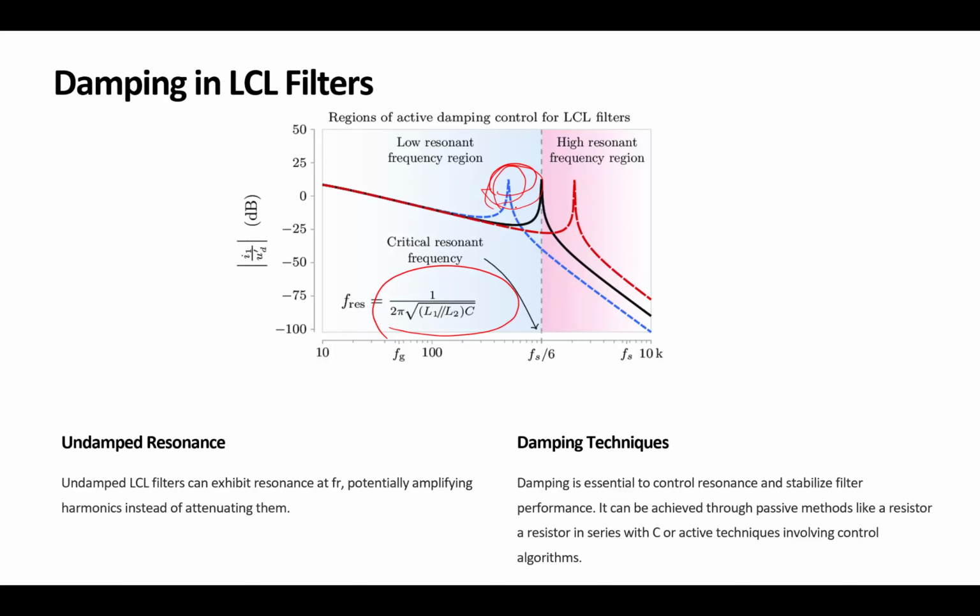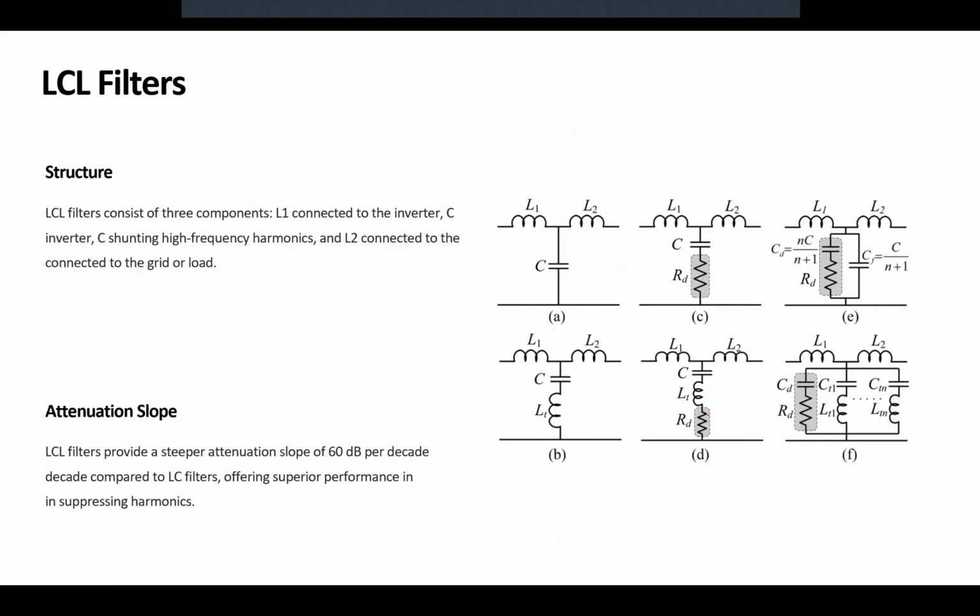Now, in order to control this resonance, beside making sure that it doesn't happen near your harmonics, you could add that resistor that I told you about into your circuit. Normally the resistor is in series, you could see that here, in series with the capacitor. There are several kinds of configuration that you could have with LCL.